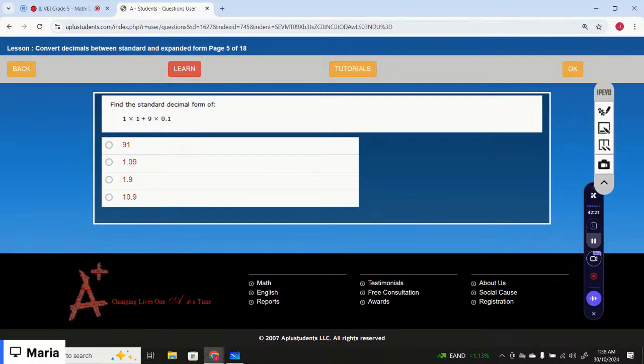Find the standard decimal form of 1 times 1 plus 9 times 0.1, which is the correct option.